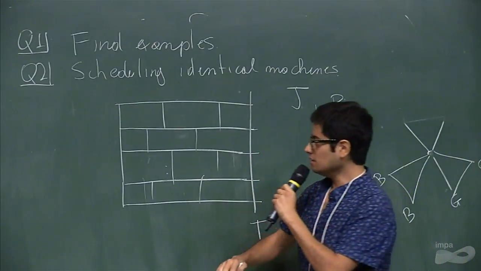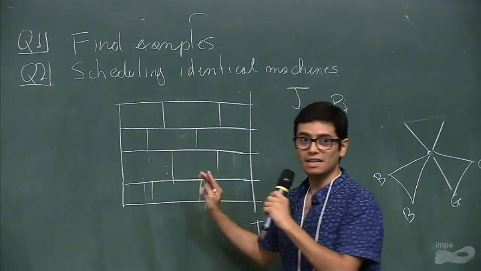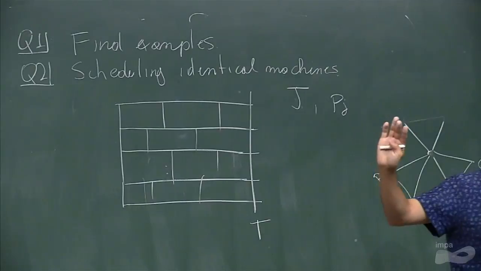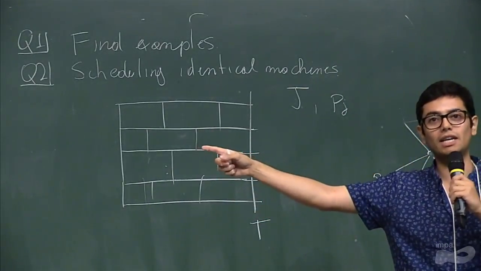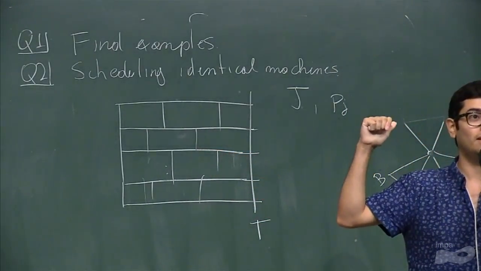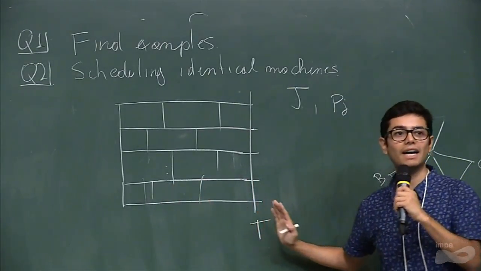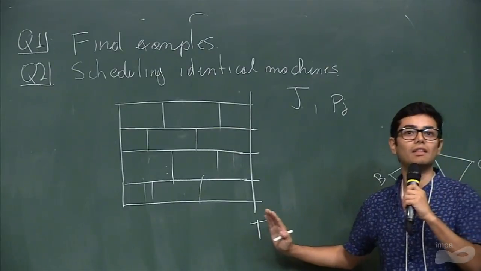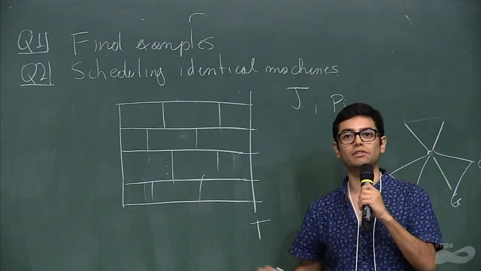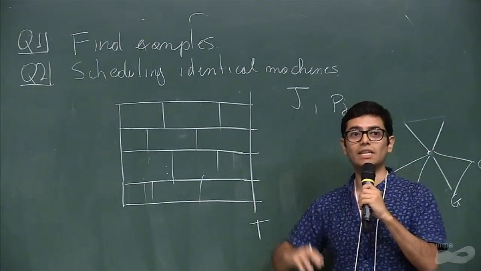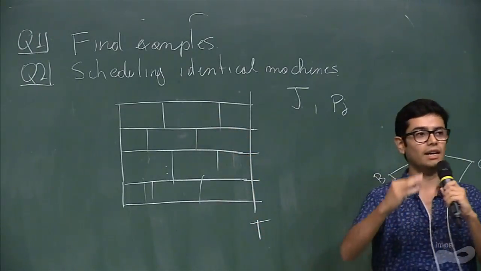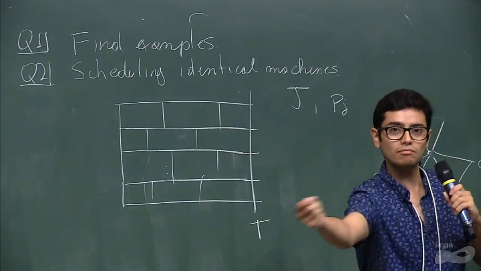But again, this is for packing integrally. You can answer the question again fractionally: can you pack everything fractionally? Then, of course, you need less. Let's say if I need 100 to pack integrally, then I need at most 100 for packing fractionally, because now for every job, I have a distribution over the machines.